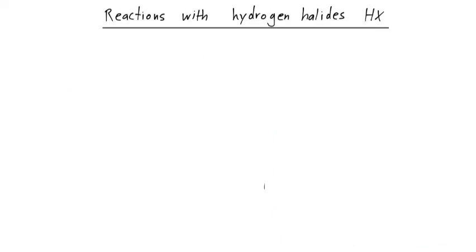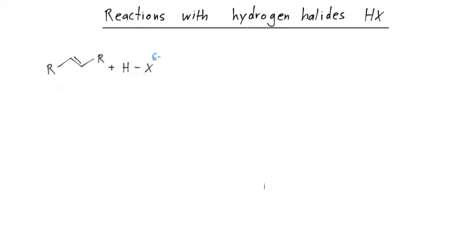So let's look a little closer at such electrophilic addition reactions. Specifically, we are going to look at a reaction between an alkene and a hydrogen halide, HX, such as hydrochloric acid or hydrobromic acid. So here are our two reactants, our alkene and the hydrogen halide.